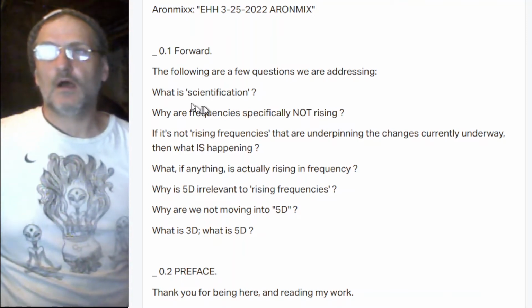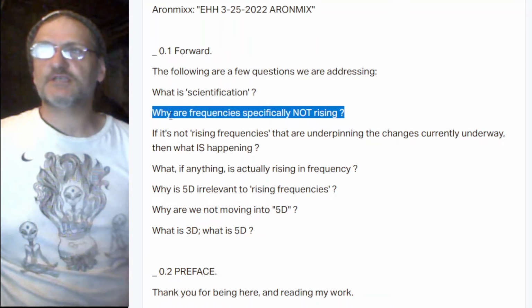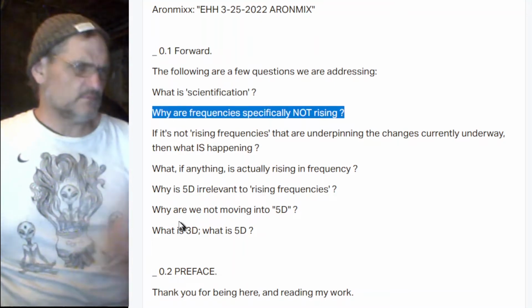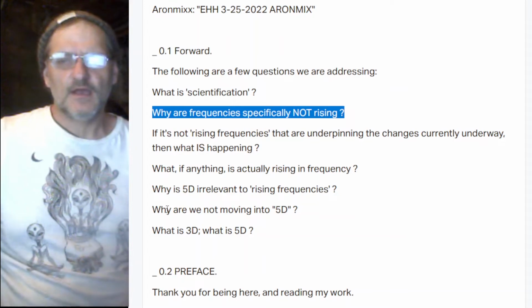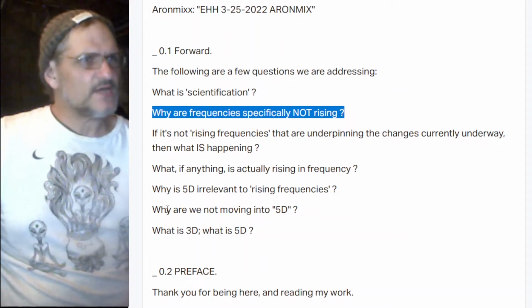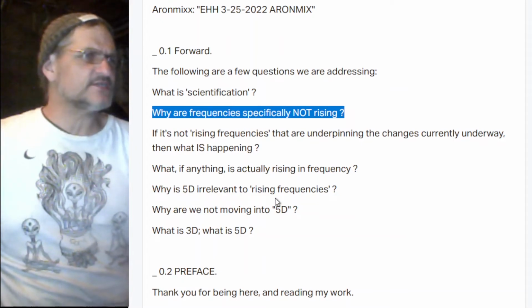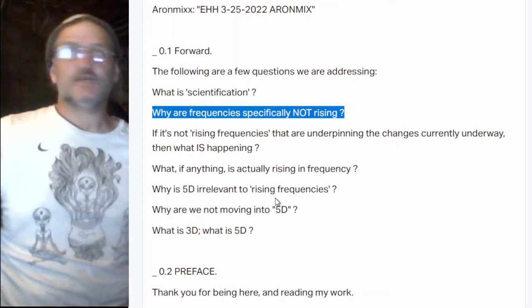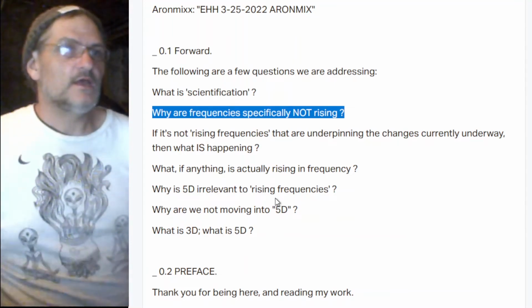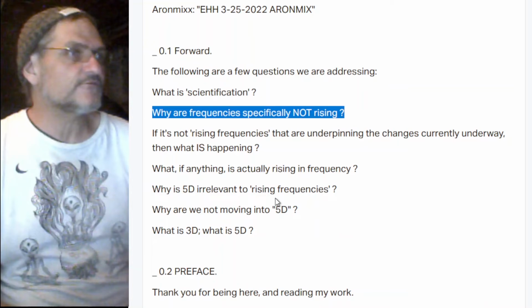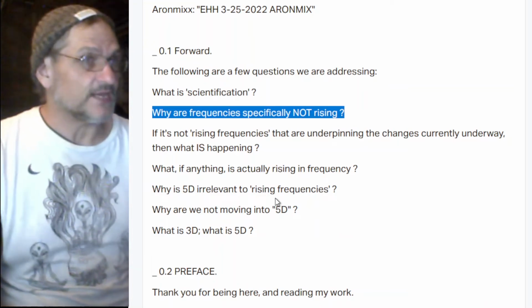And then why are frequencies specifically not rising? We have to take a look at the phrase rising frequencies. What do they mean? What's actually rising? If we're going to use this phrase, what does it mean?